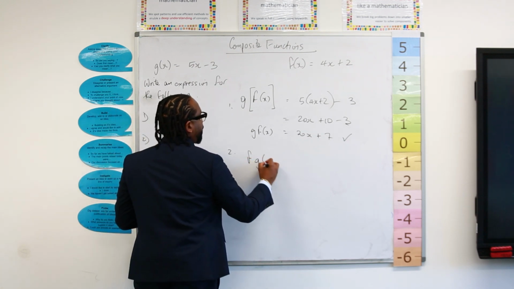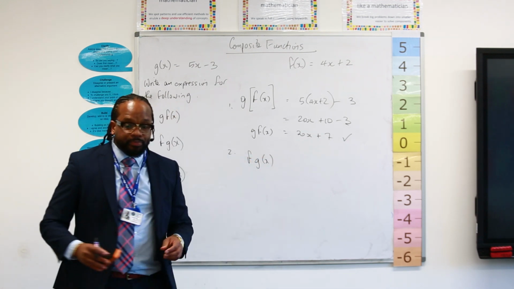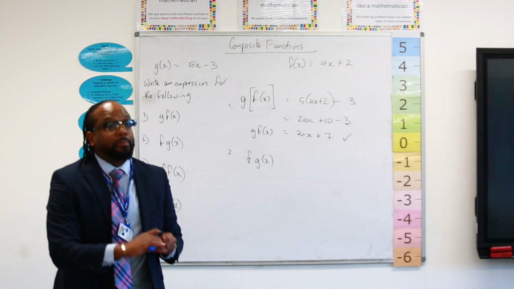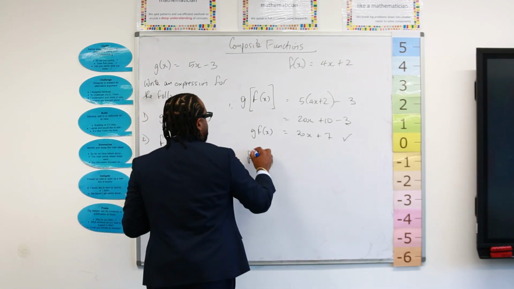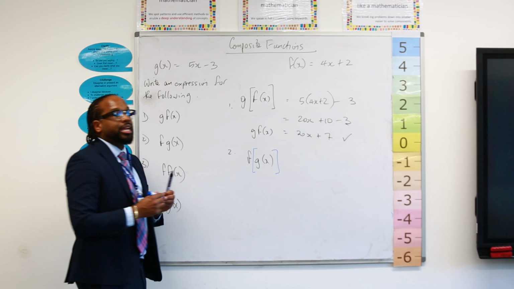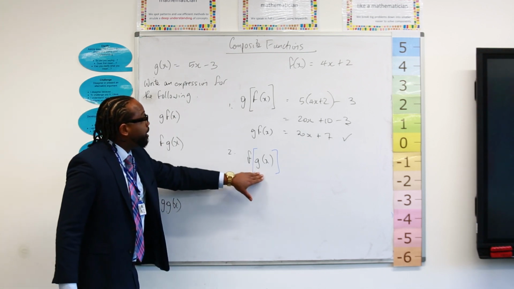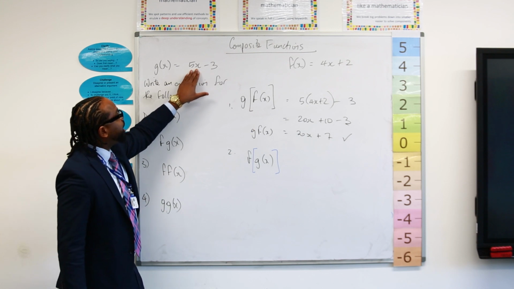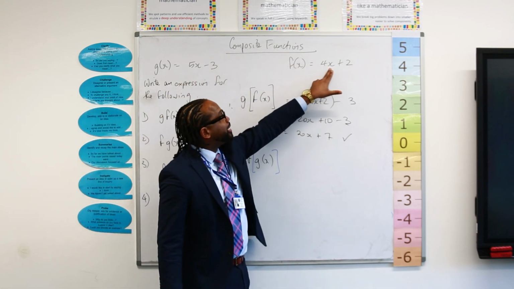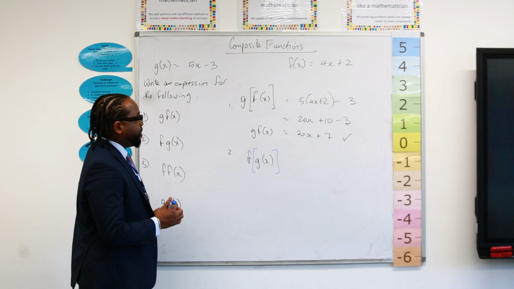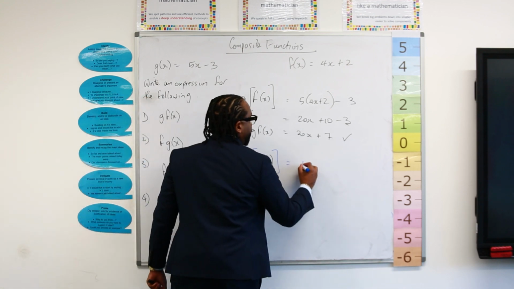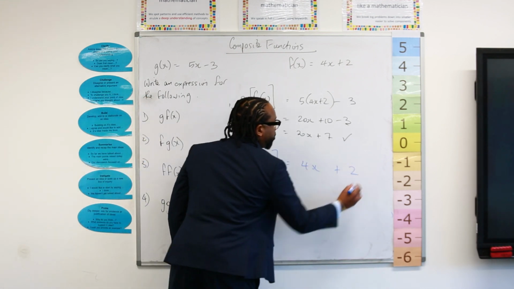Looking for f g of x. Again, I'm going to use my blue ink to help us. This will be my input. Now what does that mean? I am going to put the entire g expression in place of x in the f function. So it becomes 4x plus 2.